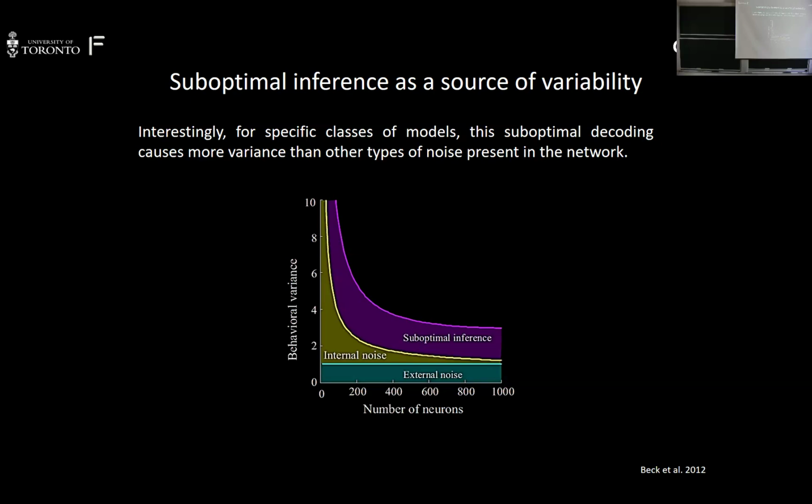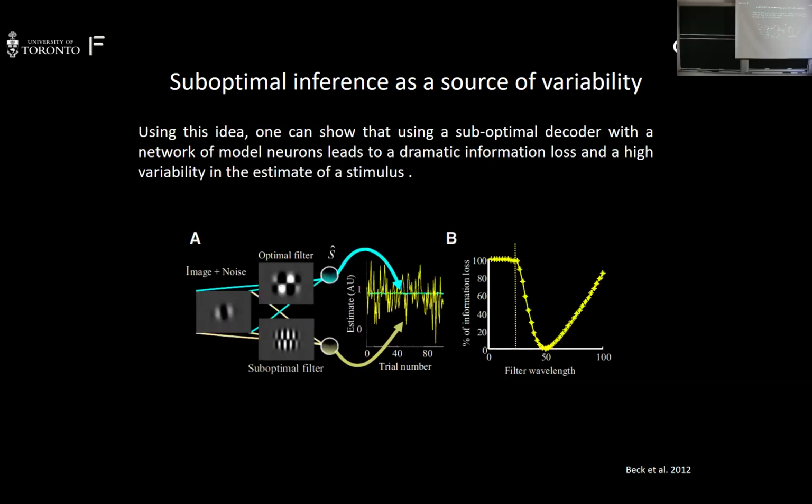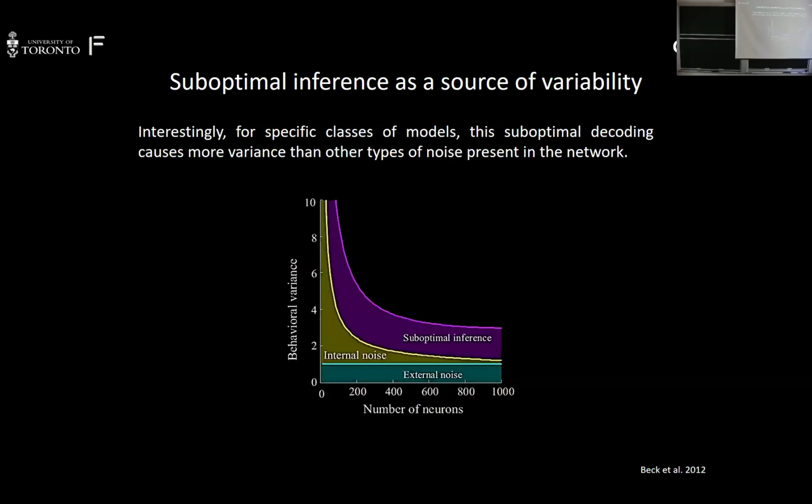And the key thing is this: the suboptimal inference, which in the schematic example here was just like choosing the wrong filter, is actually worse than various kinds of actual noise that you can characterize in this model. So the point is that a suboptimal weighting scheme can be much more problematic than you might expect in terms of its impact on coding performance, at least in terms of how that's been analyzed in this work here.